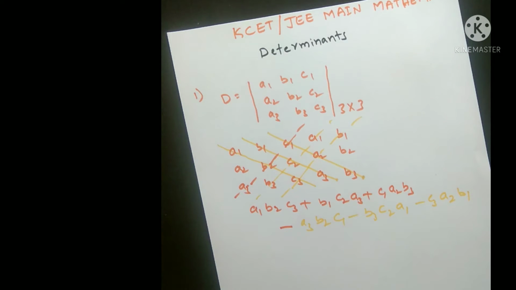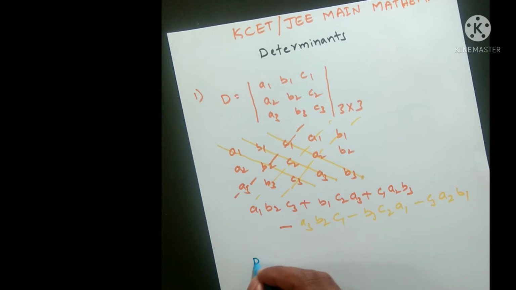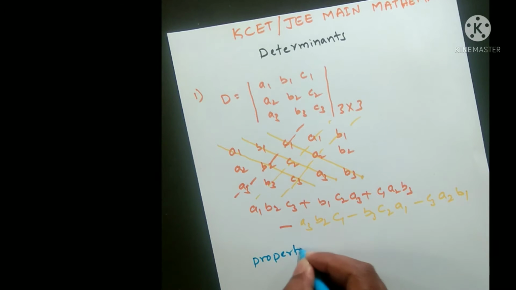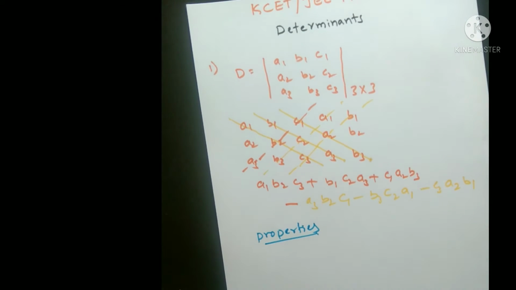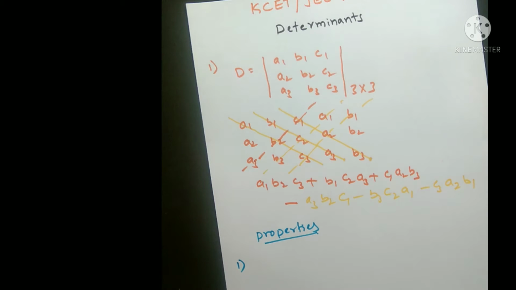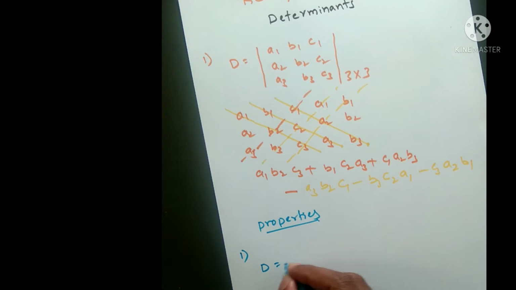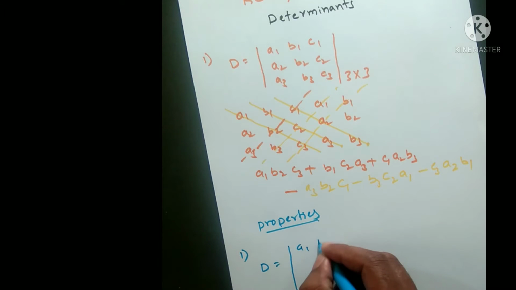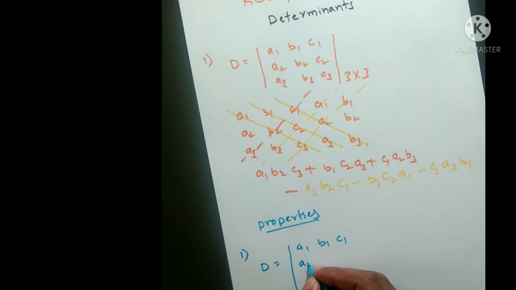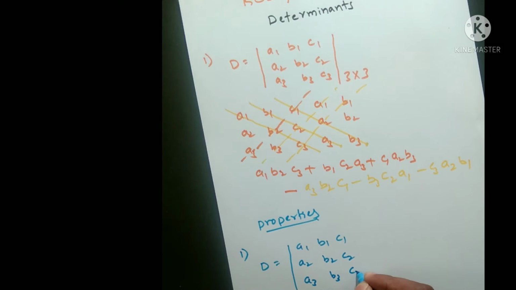Next, let me move on to the properties of determinants. What is the first property? The value of the determinant is unchanged when rows and columns are interchanged. I take a determinant D with rows A1, B1, C1, A2, B2, C2, A3, B3, C3.